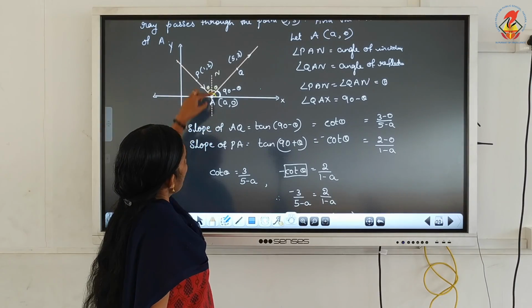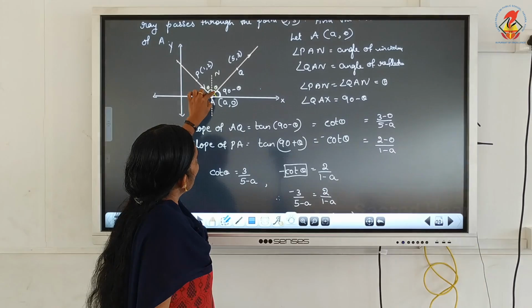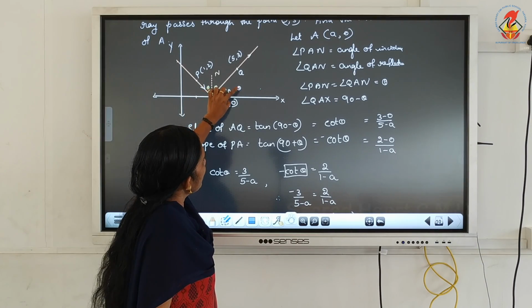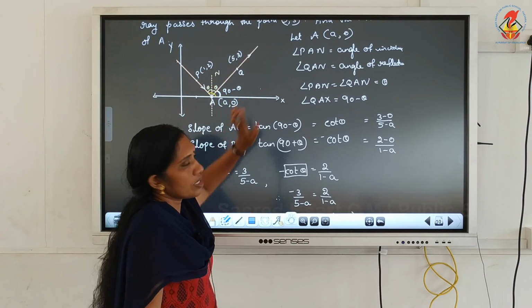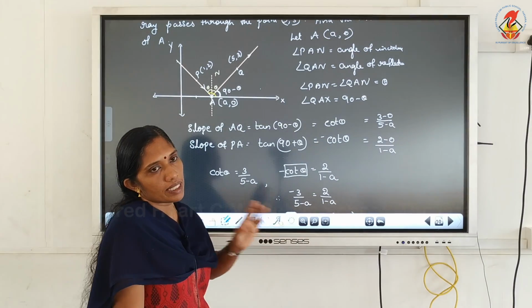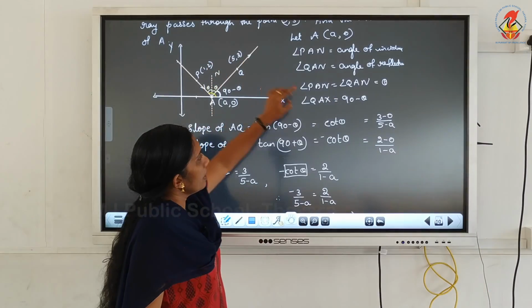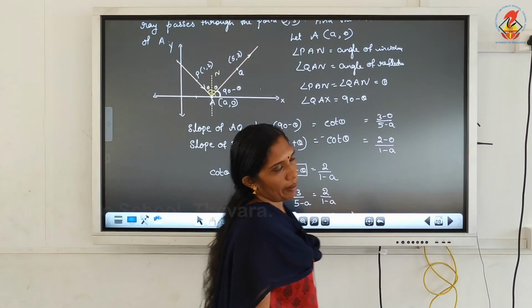Now, what is the slope of the line AQ? 90 minus theta is the angle made by the line with the positive direction of the x-axis. So slope is tan of 90 minus theta, that is equal to cot theta. Also, in terms of coordinates, it is 3 by 5 minus A.